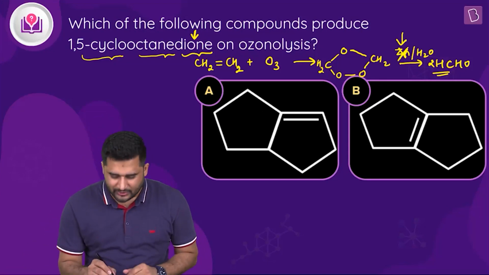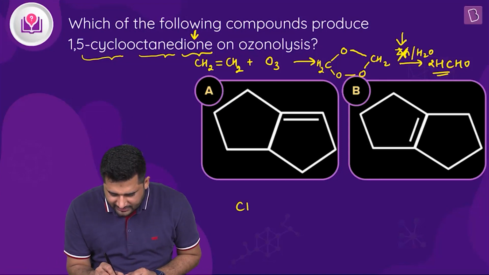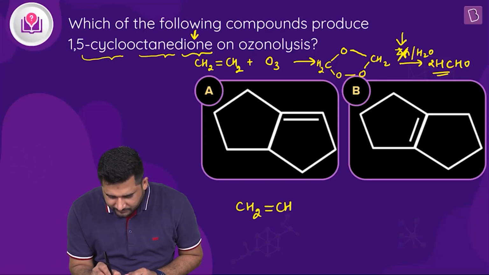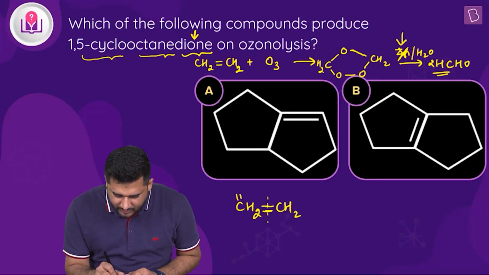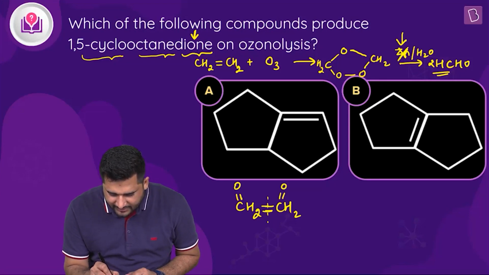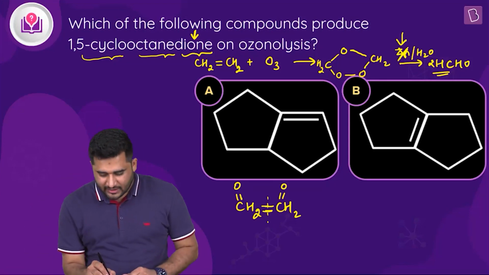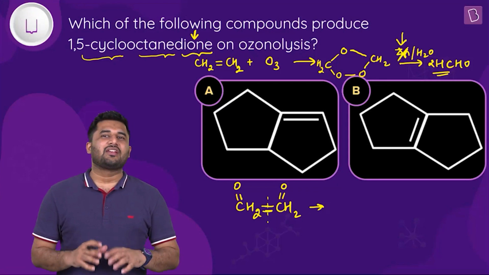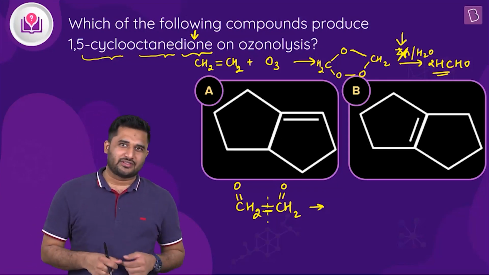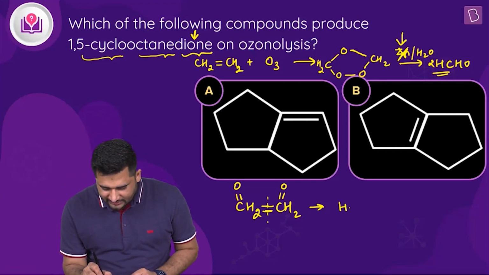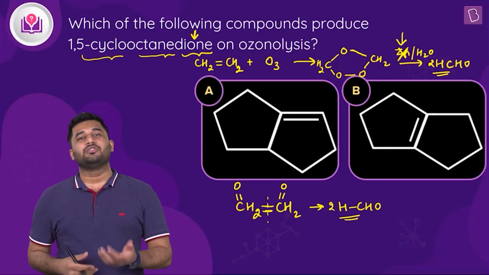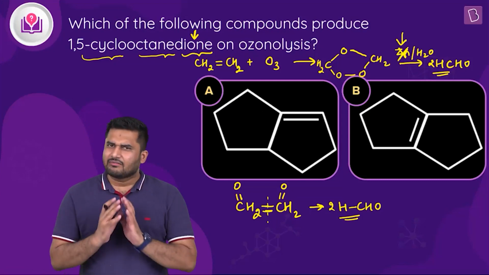What you have to simply do is, about the pi bond, let's say we were talking about this particular alkene, you have to break this C=C pi bond, and then you have to add a double bond O here as well as a double bond O here. And what you will get will be straight away the product of the process. So now you can see here in this case you are getting HCHO, 2 molecules of it from 1 molecule of alkene, isn't it? So this is a very simple trick.